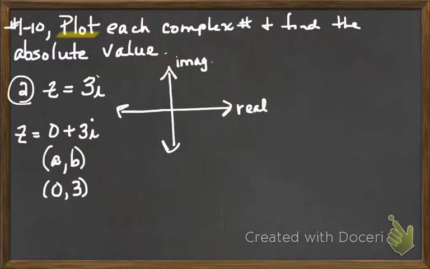And you won't do this when you start graphing. These will be so easy to graph, but I'm just trying to go through some of the notes with you so you have them to look at. So if we're graphing a, comma, b, which is really 0, comma, 3, which is really 0 on the real number line and 3 on the imaginary number line, we're just going up 3. Yeah, it's that simple.